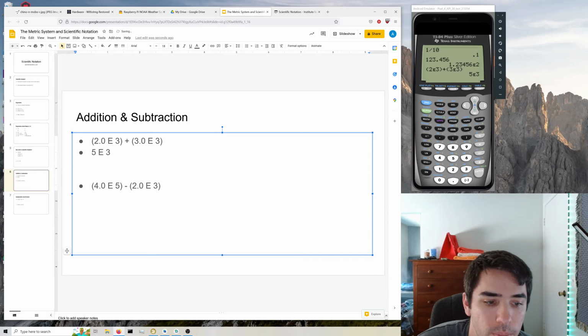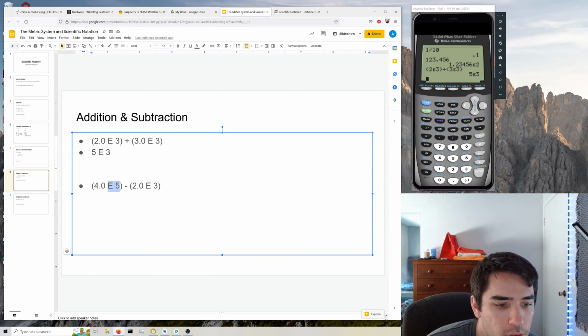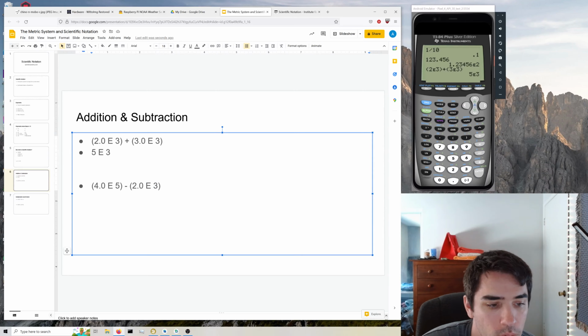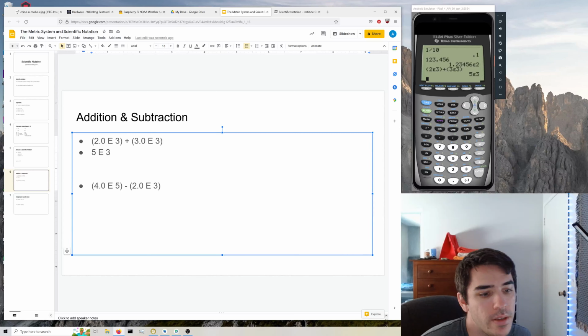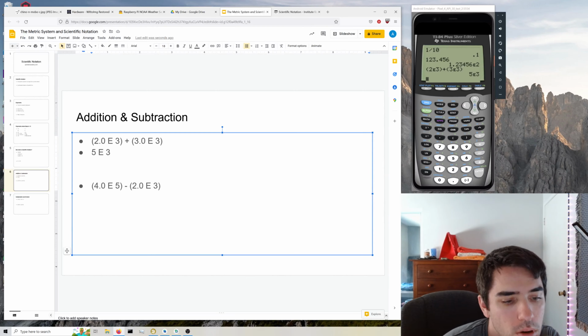Is 4e5 minus 2e3. So in this case, the exponents are not the same, so what we need to do is make them the same.